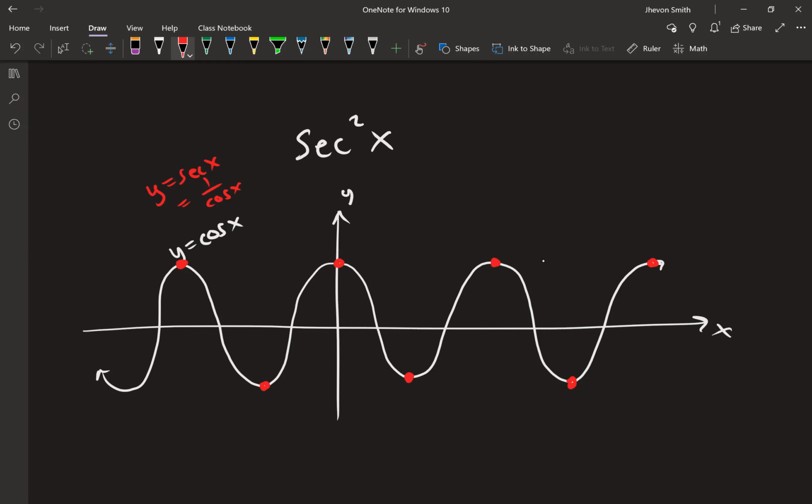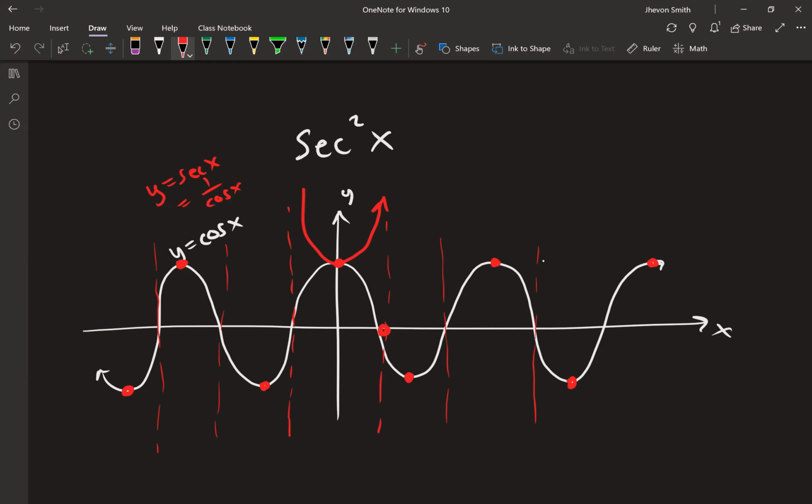Now, what happens in the interim? Well, as your cosine is going down to 0, you're taking 1 dividing by 0. So what happens is there are asymptotes wherever the cosine hits 0. Now, as I inch closer and closer to 0, what actually happens? Well, you're going to shoot up to infinity, right?